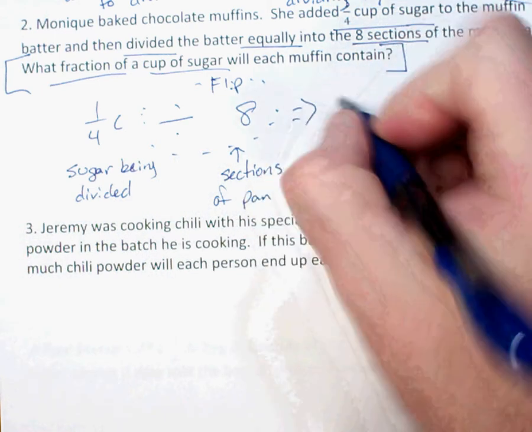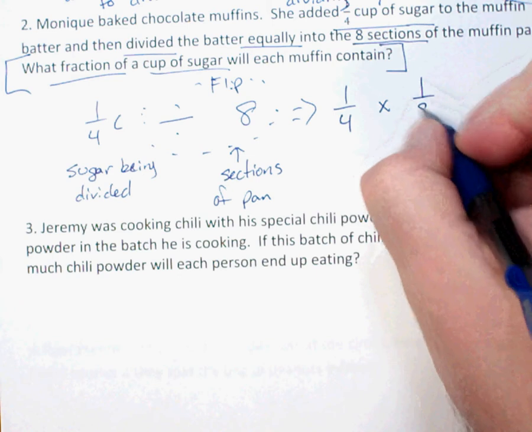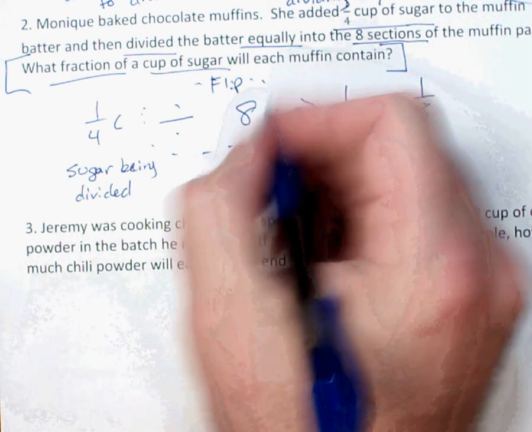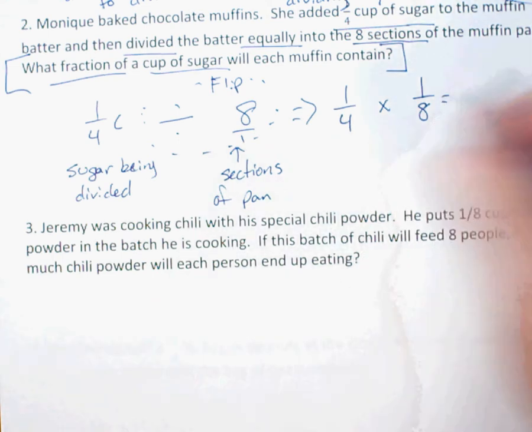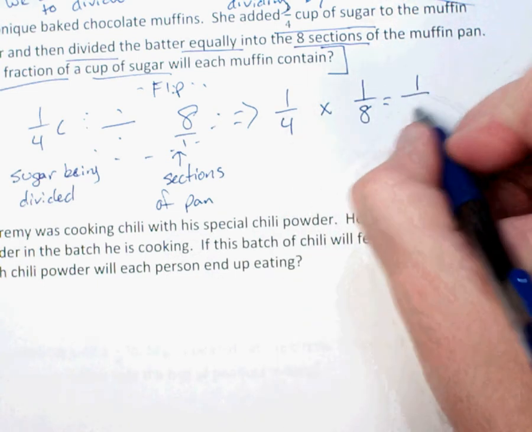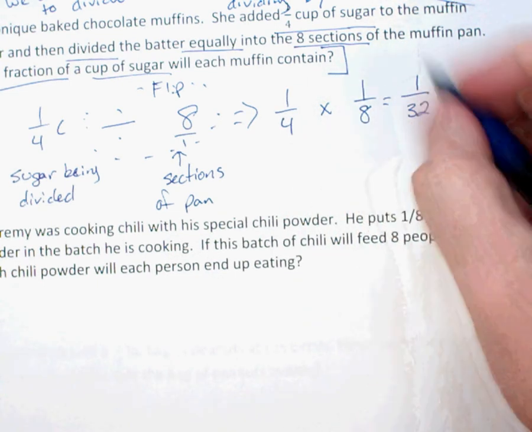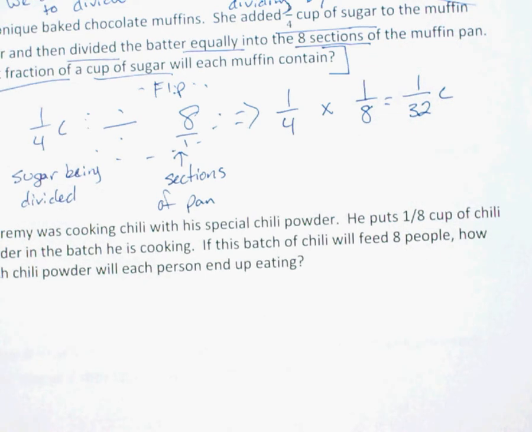So this is going to become 1/4 times 1 over 8, because my 8 becomes an 8 over 1, and then I just flip it. And then I multiply across. 1 times 1 gives me 1, 4 times 8 gives me 32. And so each muffin contains 1/32 cup of sugar.